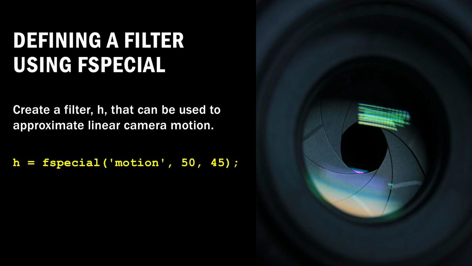This command generates a motion filter with a length of 50 pixels at a 45-degree angle, which can be used to approximate linear camera movement that might occur during image capture. Next, we'll apply this filter to the image to observe its effect.